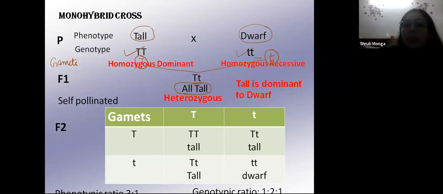Now, what is this written? Homozygous dominant, homozygous recessive. I told you when the alleles are the same, capital T, that is the homozygous condition. Whereas here, when the alleles are different, capital T and small t, this condition is heterozygous. Right? Then what did Mendel do? Mendel made a cross between the F1 plants. What is the F1 plant? F1 plant is capital T, small t.